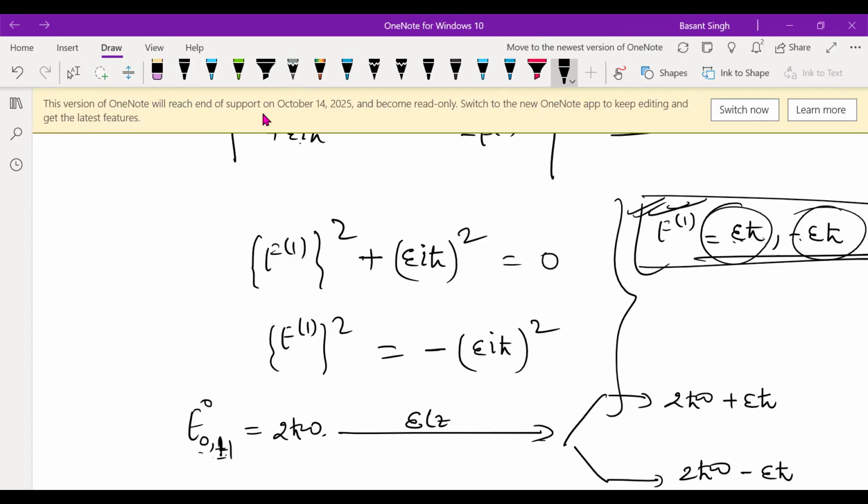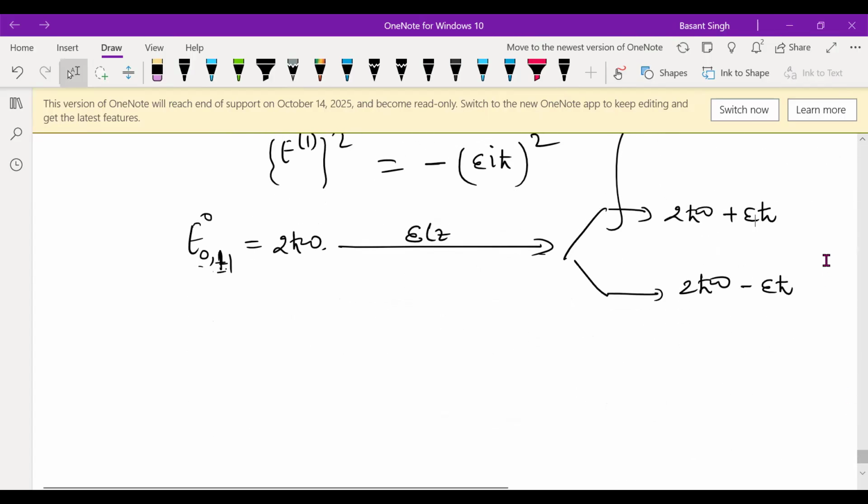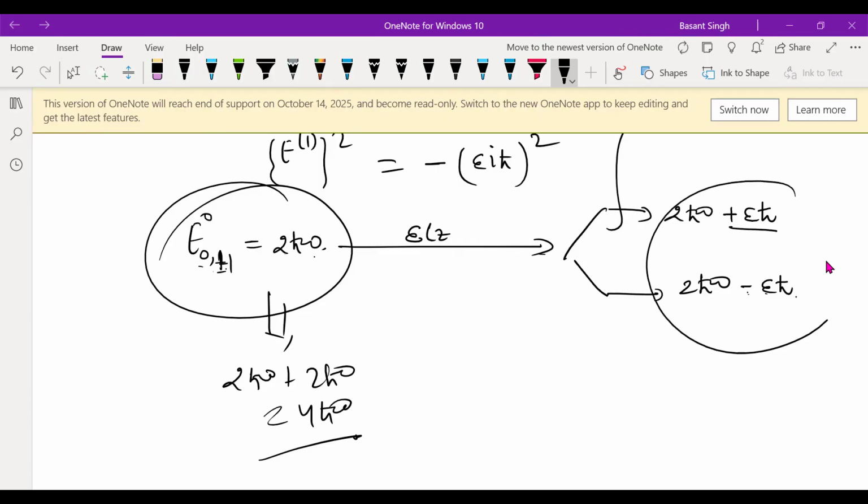So the energy cannot be changed here. The energy of the system cannot be changed because for two states, here the energy is also 2 h-bar omega plus 2 h-bar omega, that is 4 h-bar omega. But here the extra term epsilon h-bar is subtracted and here this is added. So the total energy of this system is again 4 h-bar omega.